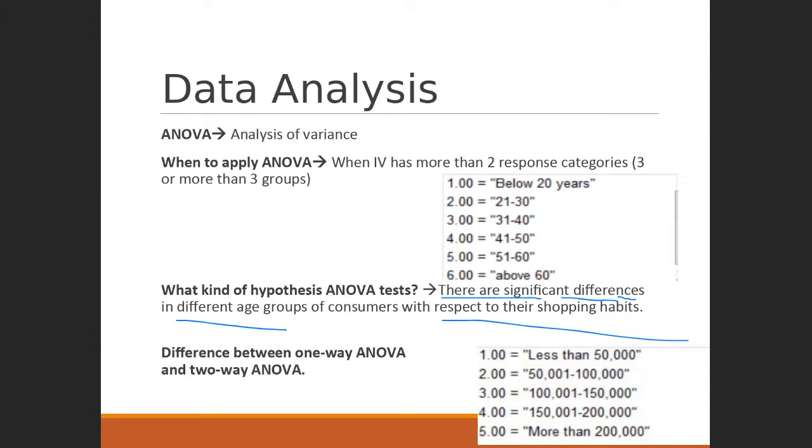For instance, it is possible that age group 2, which is between 21 and 30 years old consumers, and age group 6, that is above 60 years old consumers, have shopping habits that are drastically different from each other, and the means of other groups are similar. So even if only two groups are different from each other, we can say that there are significant differences in different age groups of consumers with respect to their shopping habits.